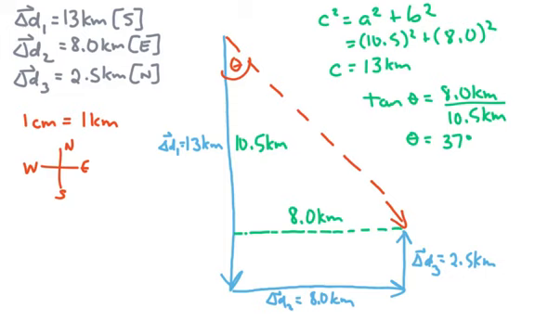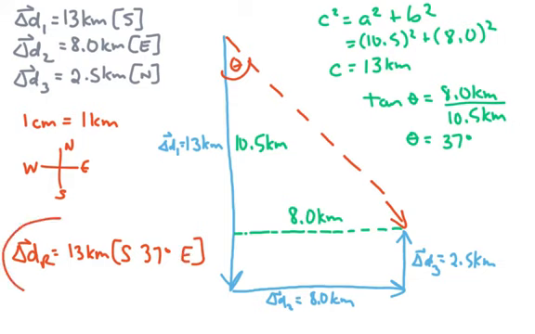So my final answer is just putting it all together now. Let's put it down here: delta d_R equals 13 kilometers. My angle is 37. Now if I look at the picture, I can see that the angle is from the south and it's going towards the east.